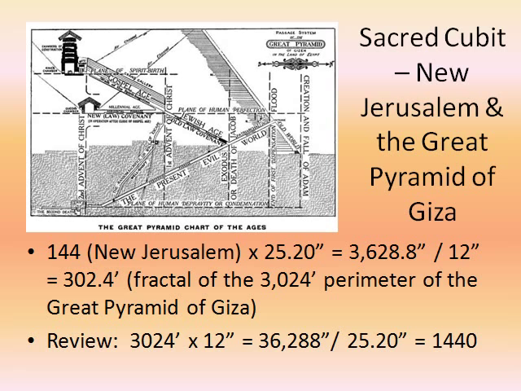And conversely, 3,024 feet times 12 inches is equal to 36,288 inches, divided by the sacred cubit of 25.20 inches is equal to 1440, the number of the New Jerusalem, 144.